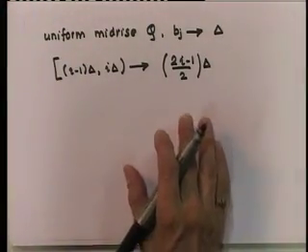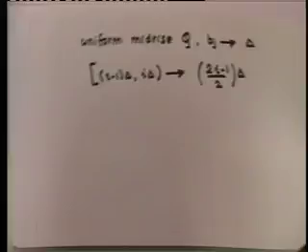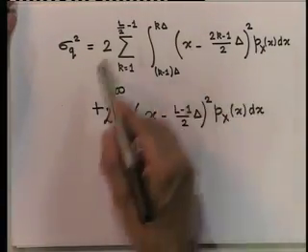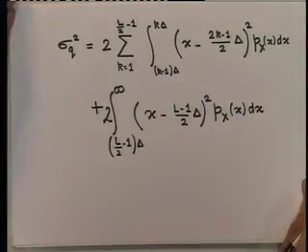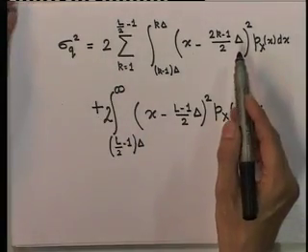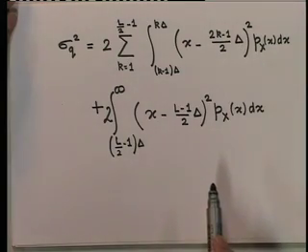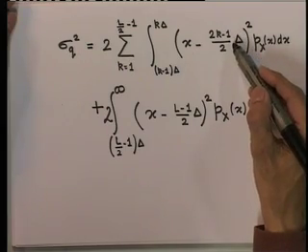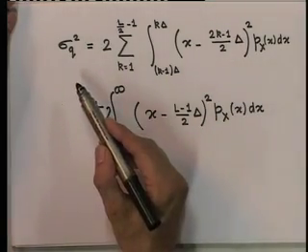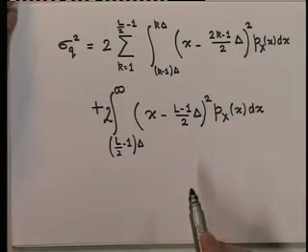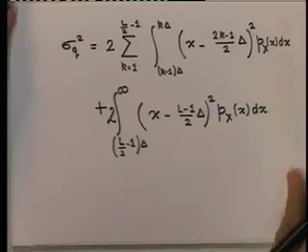Therefore, based on this, the minimum squared quantization error can be rewritten as shown here. Now, this expression is a function of delta. Therefore, to determine the optimal value of delta, we can take a derivative of this equation with respect to delta and set it equal to 0.